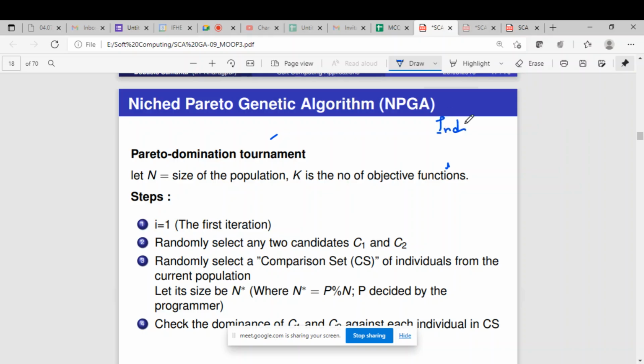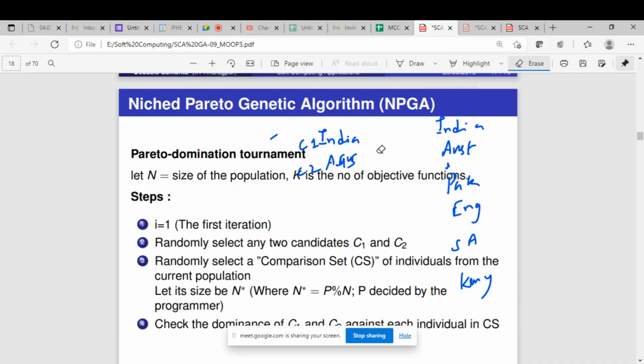Say there is a cricket competition, or any competition, and India, Australia, Pakistan, England, South Africa, Kenya are there. Now you want to find who is best, India versus Australia. So this is the one we are picking up. C1 is India, C2 is Australia. Now out of these two you have to say who is the winner.